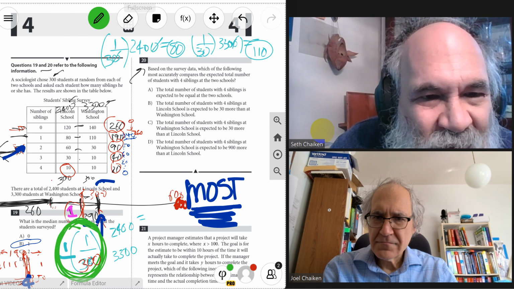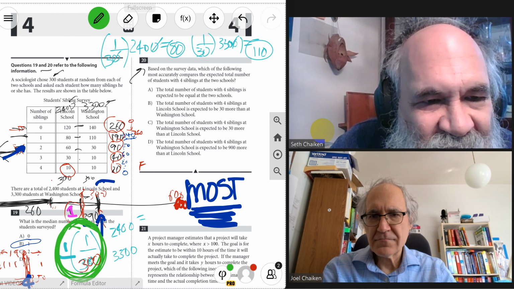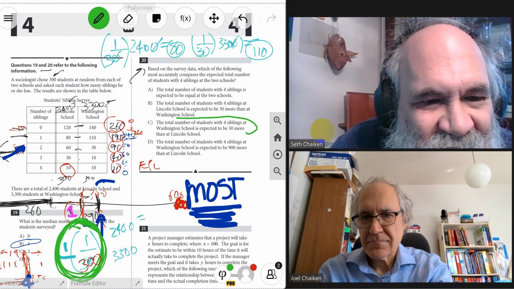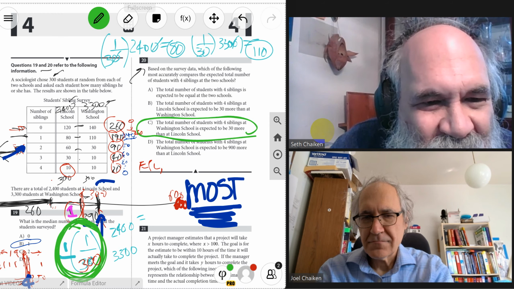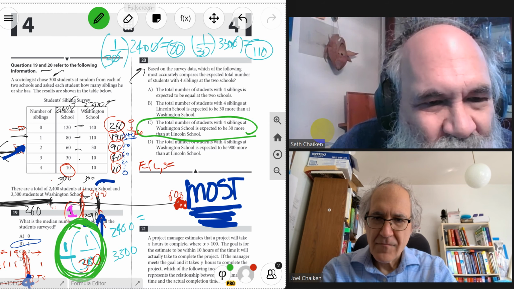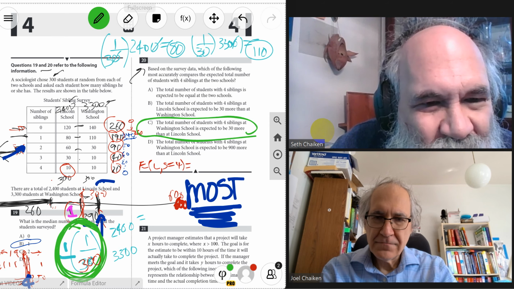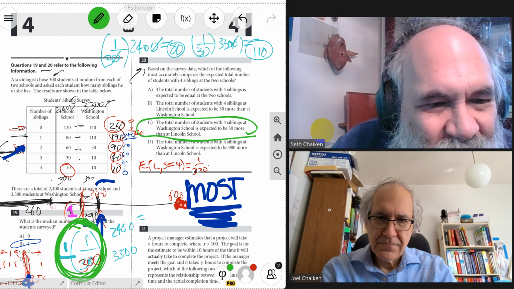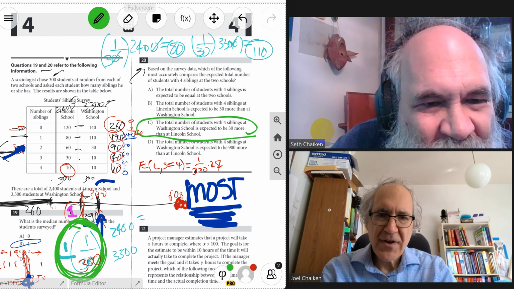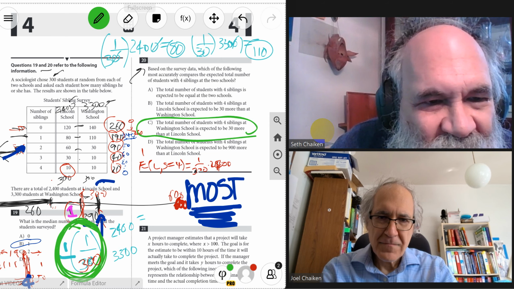So the expected number in Lincoln with number of siblings equal to 4 is 1/30th times 2,400.